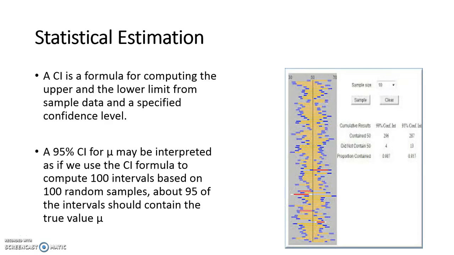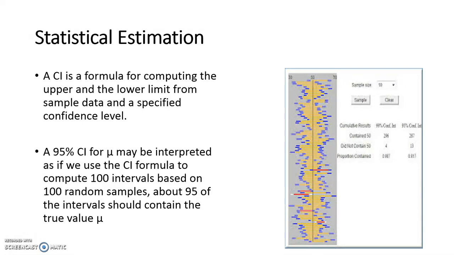Once we have a confidence interval, how do we interpret what it means? A confidence interval is a formula for computing the upper and the lower limit from sample data and a specified confidence level. What does that mean? In the Rice Statistics Simulation Lab, you can find this simulator. Basically, you can determine how many samples you want to draw from the population and use the confidence interval formula to compute a confidence interval.